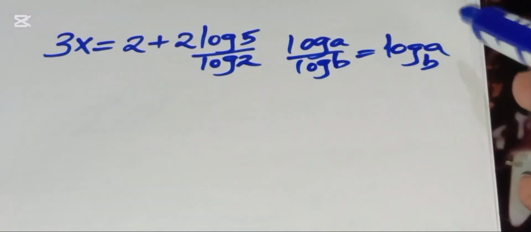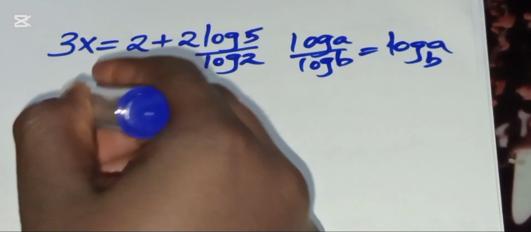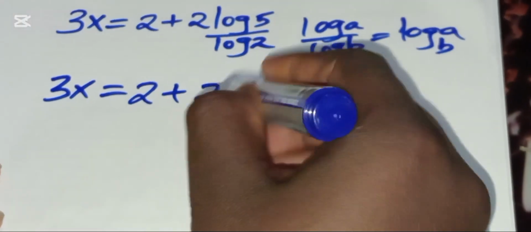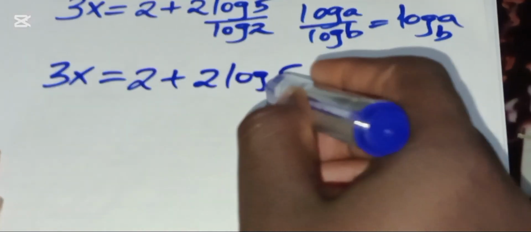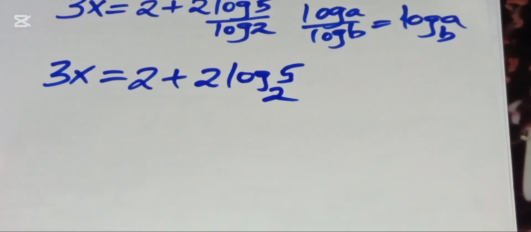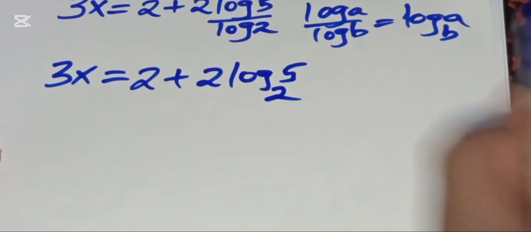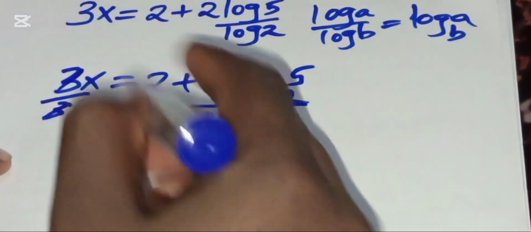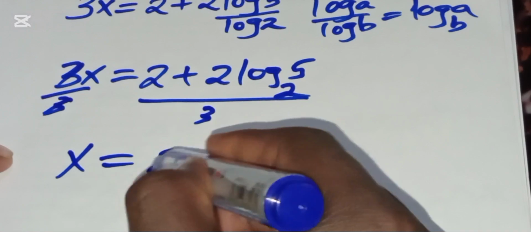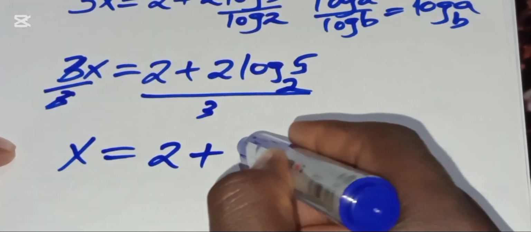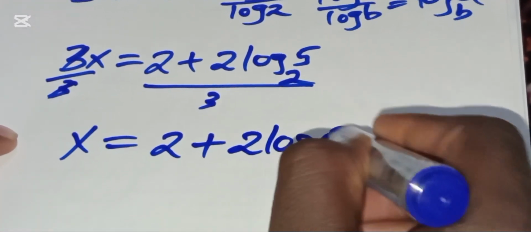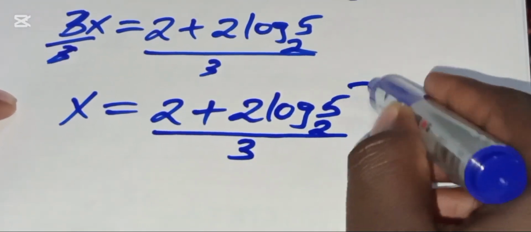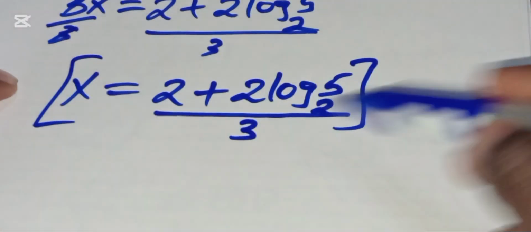Let's apply this property. You'll have 3x equal to 2 plus 2 log 5 to base 2. So to find the value of x, we divide both sides by 3, so that the value of x is equal to 2 plus 2 log 5 to base 2, divided by 3. So this is the value of x.